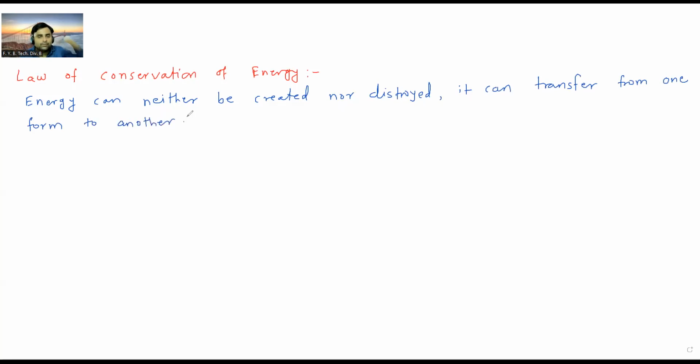Okay, so form of the energy is getting changed, but you cannot create the energy and you cannot destroy the energy. Okay, so this is the law of conservation of energy.